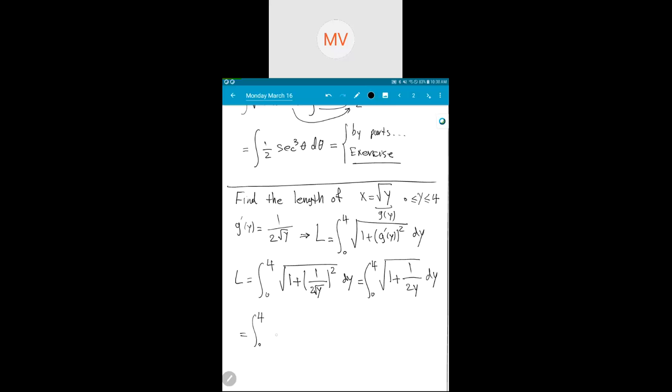What do we get for that? We get the square root of basically 2y plus 1 over 2y dy, right? Now, how do we do this one?